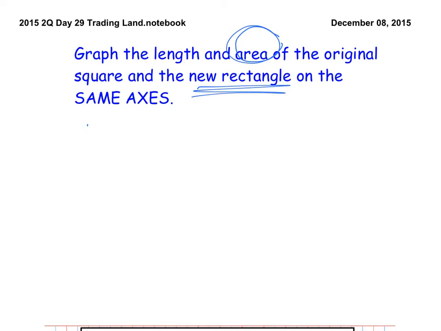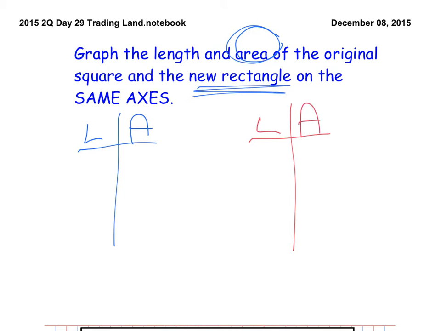So you're going to do length and area, just looking at those from your table, of the original square. Pick a color. And then you're going to do length and area. You already have this table, so you don't need to make this, on the same set of axes in a different color. Okay?